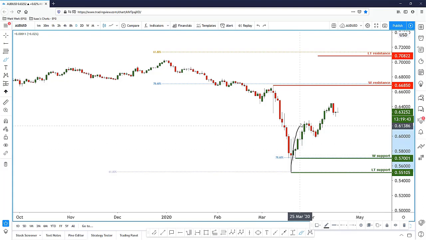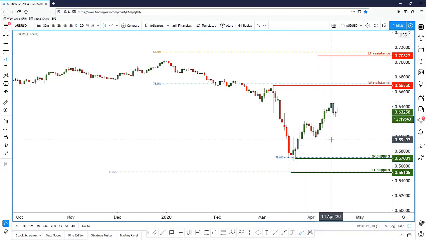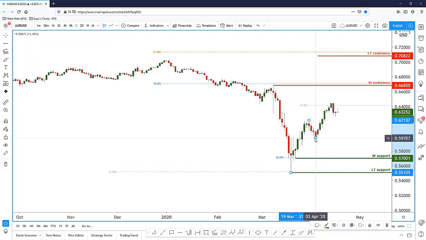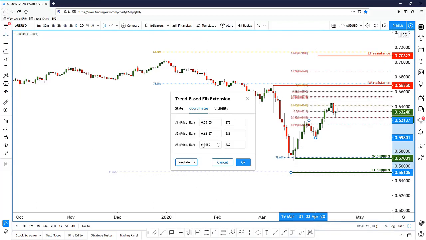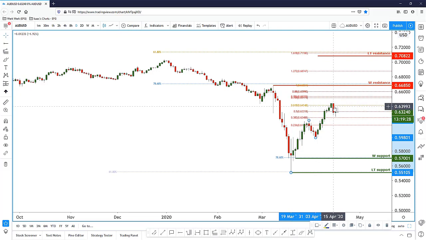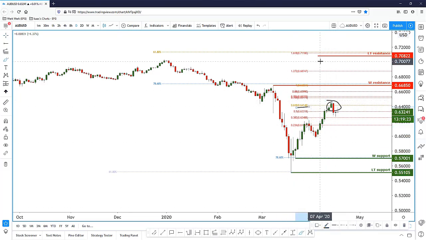So price made a push up here, made a small pullback, and another push up. This is a zigzag pattern where we can use our Fibonacci extension. Swing low to this point and down here again. Open up all Fibonacci ratios, and we see that price is actually testing and rejecting the 61.8 level, right?